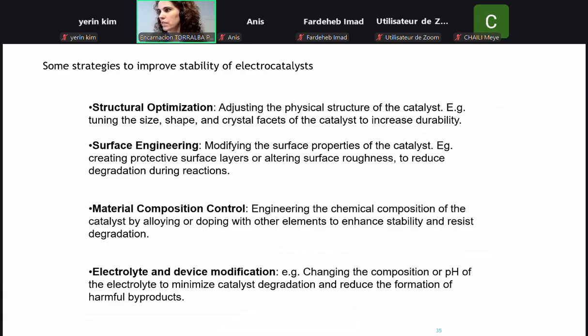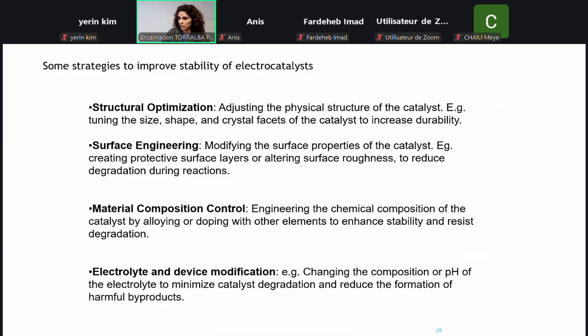To improve the stability of electrocatalysts, scientists do several things. They can try to adjust the structure, to tune the shape, the size. They can try to engineer the surface.